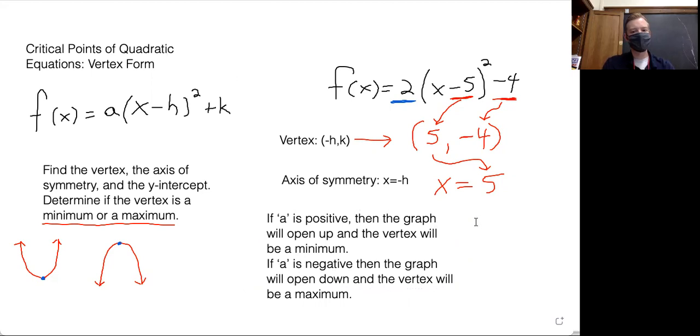So in this case, A equals positive 2. So we can say the graph opens up and the vertex is a minimum.